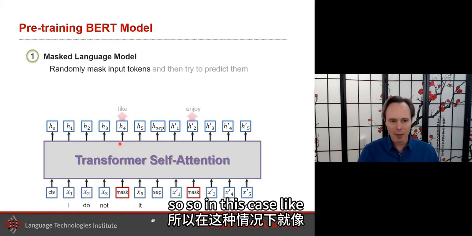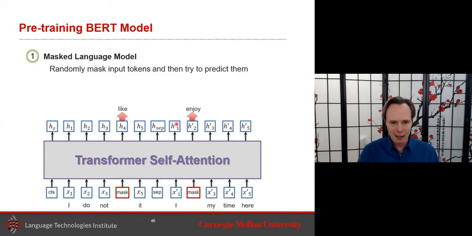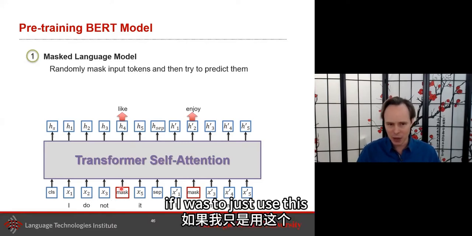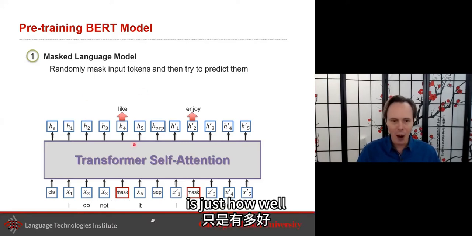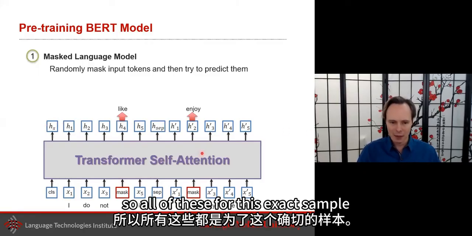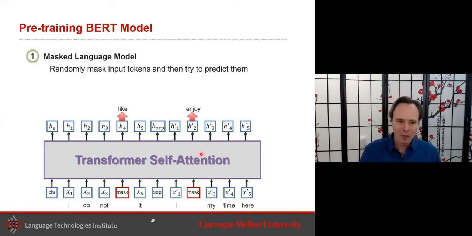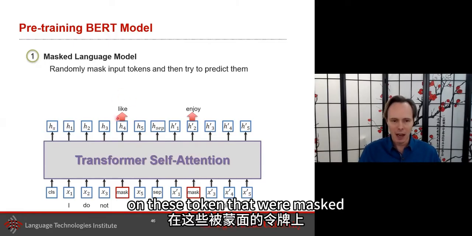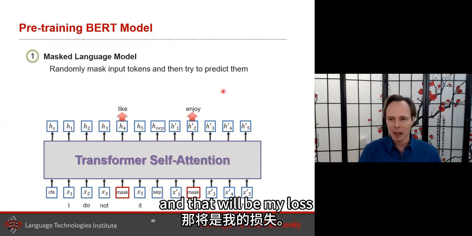So what will be the loss in this case? For this exact sample, the loss will only be defined on these tokens that were masked, and that will be my loss.